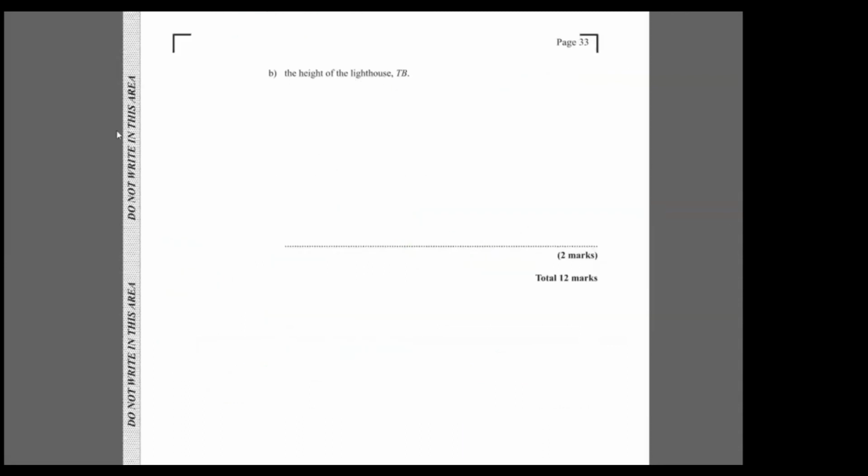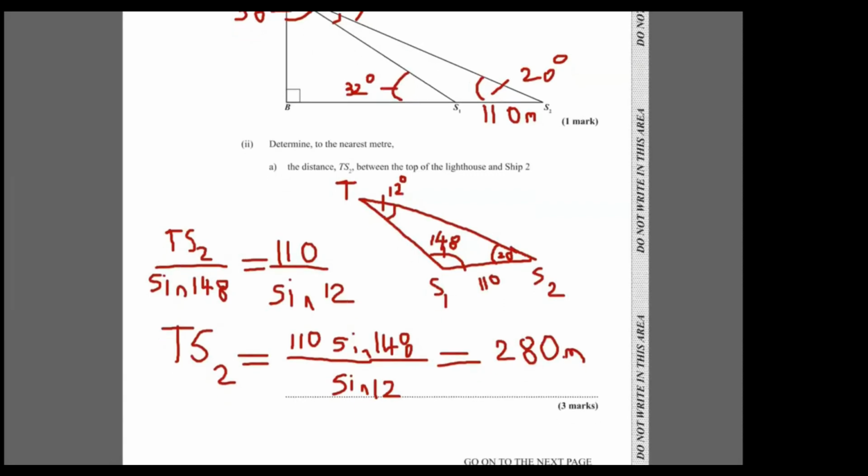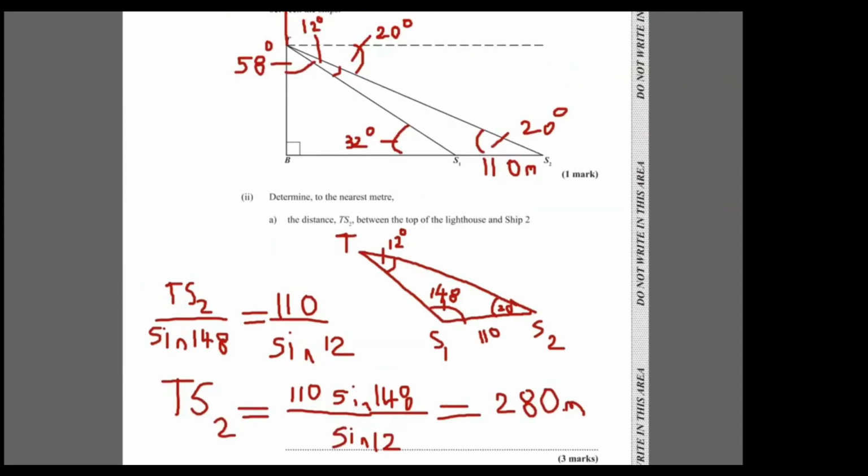Now it asks for the height of the lighthouse, TB. Now that we know the hypotenuse is 280, we can use anything to find the height right here. We can use the cosine rule, the sine rule, or a trig ratio, anything you want. You know this length is 280 now.